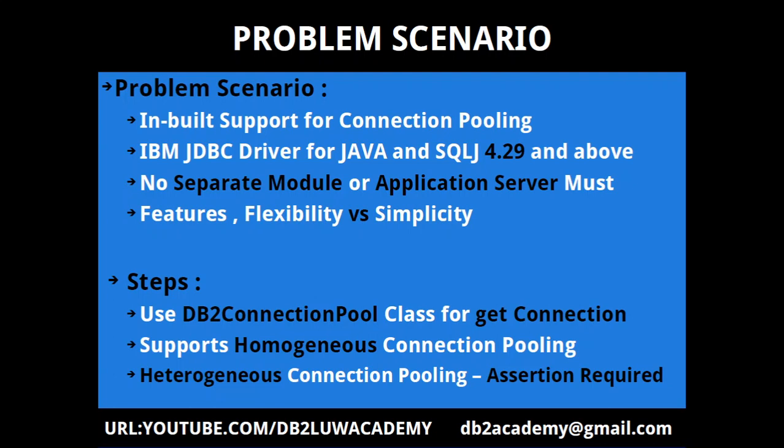The basic things are available, like the initial pool size and the maximum pool size, but certain environment-specific things might be missing. I'm not much into connection pooling, but from what I have read a little on the internet, a separate module will be more feature rich, whereas this one might be a little less in terms of features or functionality.